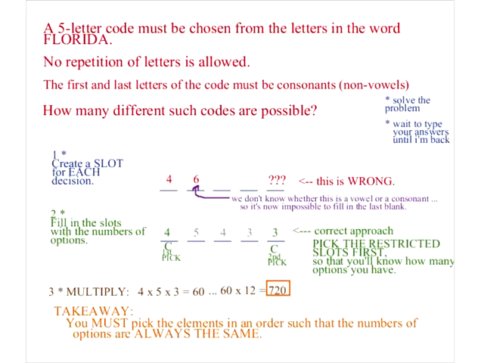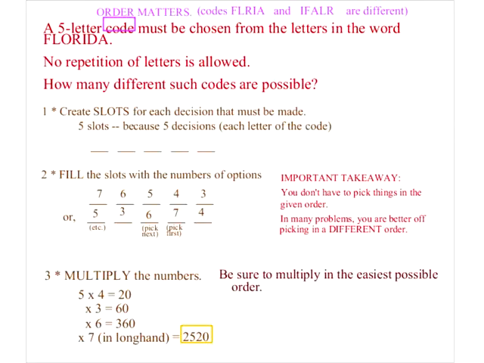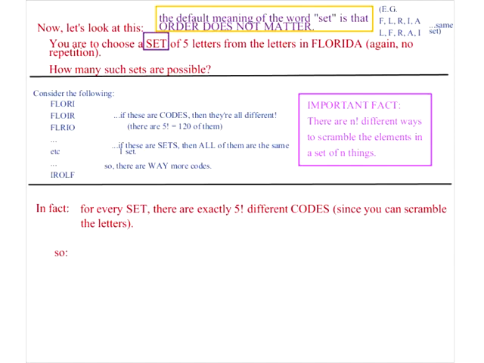So, in this problem, we figured out the number of codes. The number of codes was 7, 6, 5, 4, 3. This is when the order of everything mattered. So the number of codes in which order matters was 7 times 6 times 5 times 4 times 3.